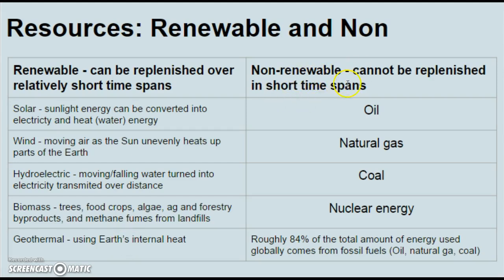But we have non-renewables, and these are what we call our fossil fuels: oil, natural gas, and coal. And then nuclear energy is a technological way in which we go about harnessing energy as well. But these cannot be replenished in short time spans. So roughly 84% of the total amount of energy used globally comes from fossil fuels. So therefore only 16% does not.